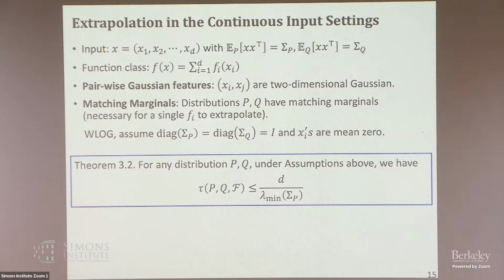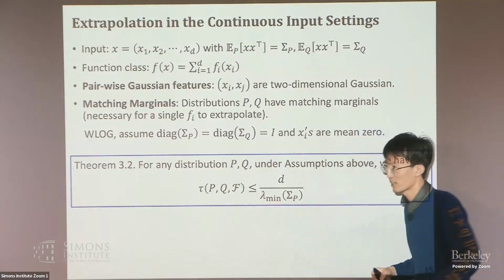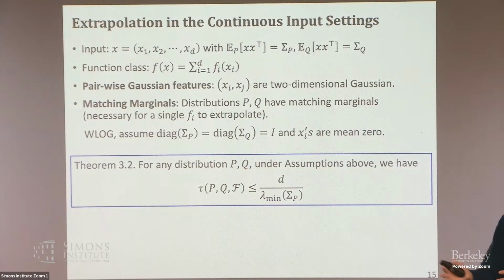So basically, you don't really need p to be a subset of q. You only need the covariance of p to be reasonably well dispersed, because you don't want any direction in which you have no coverage at all, right?